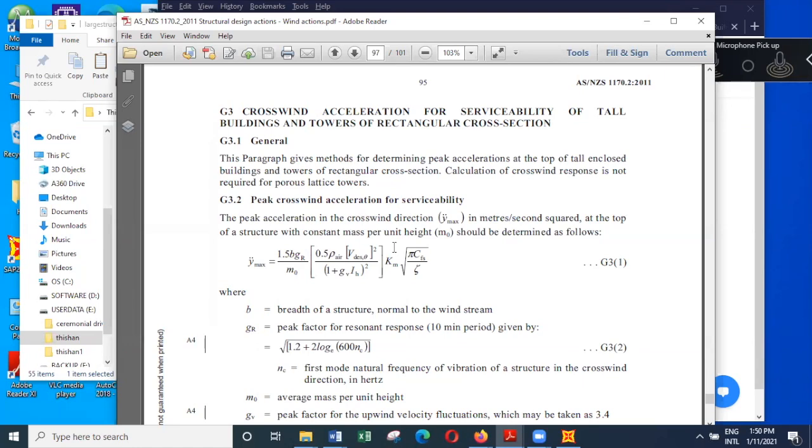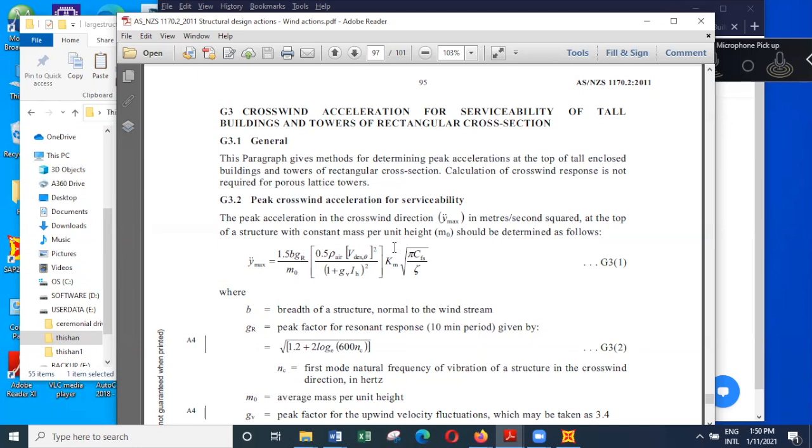So if you are designing a tall building, then it's useful to make this check, because if you find that the building is moving too much after the construction, then it will be difficult to correct it. So it's better to take all the precautions at the very early stage.